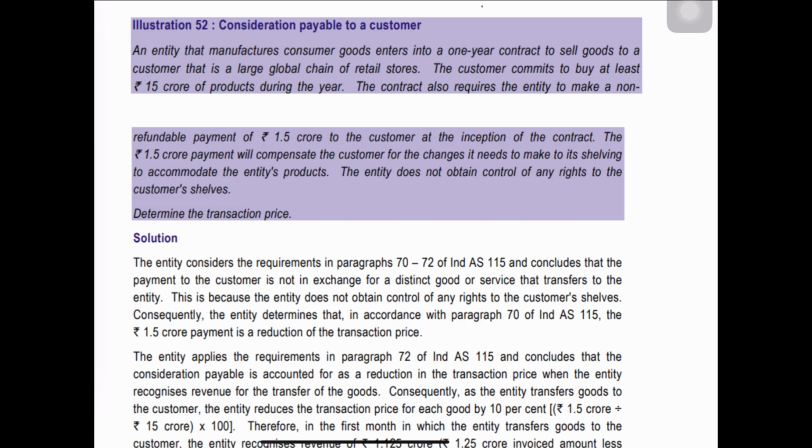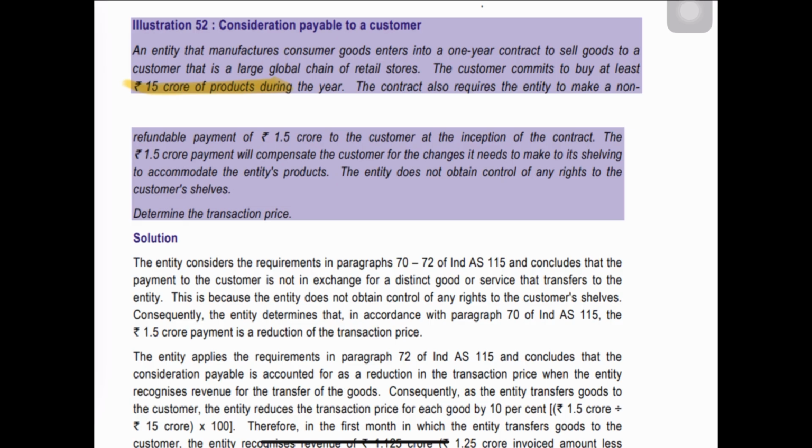So let's go through illustration 52. So here an entity that manufactures consumer goods enters into a 1-year contract to sell goods to a customer, that is a large global chain of retail stores. The customer commits to buy at least 15 crore of product during the year.